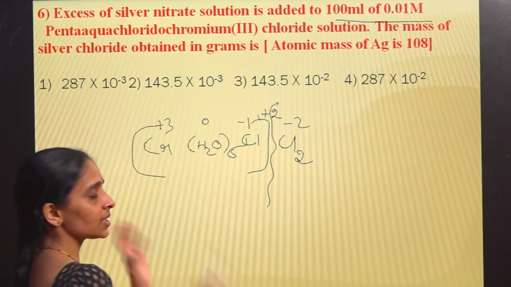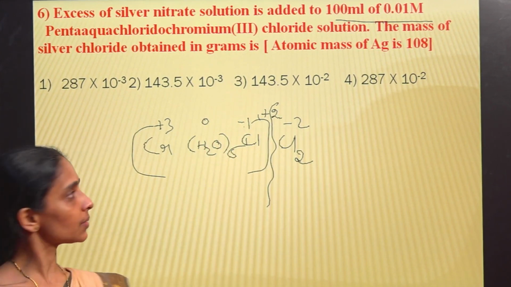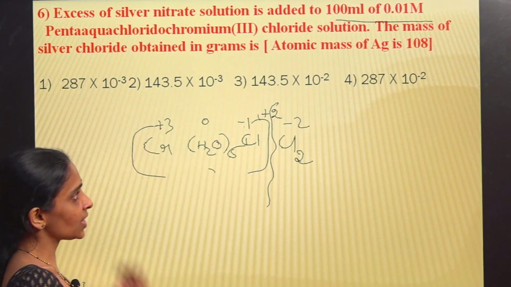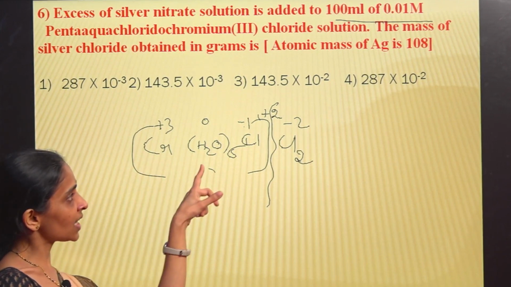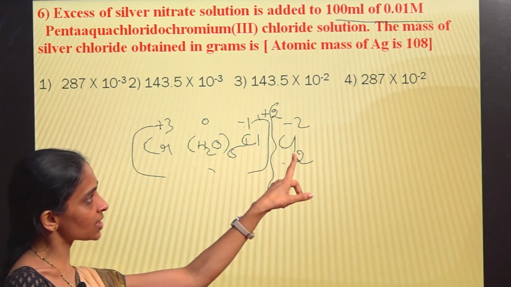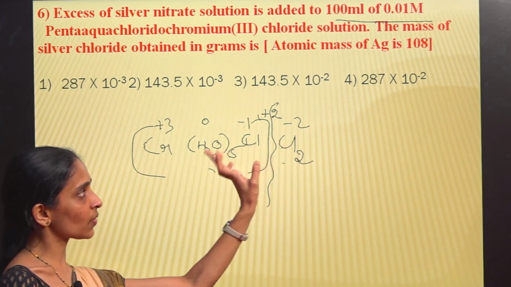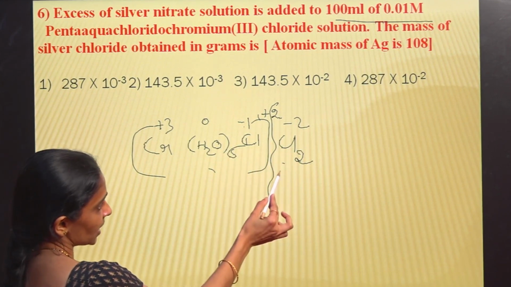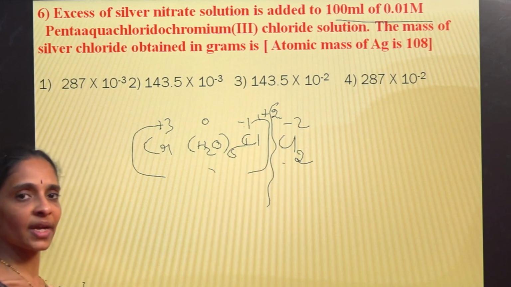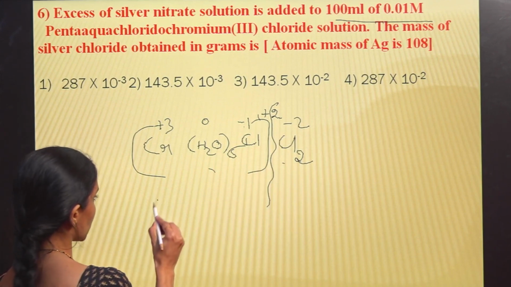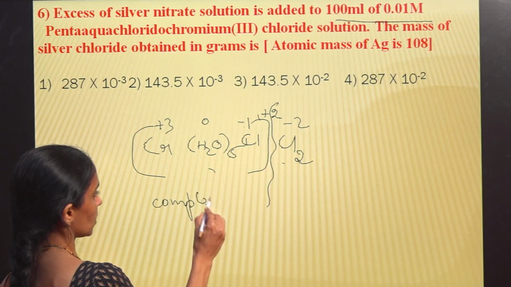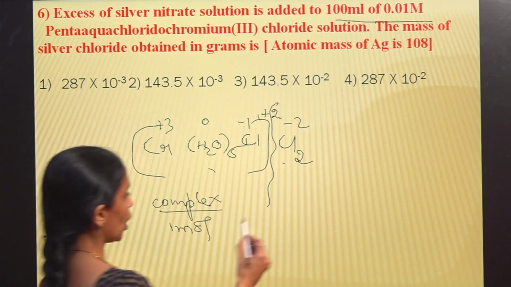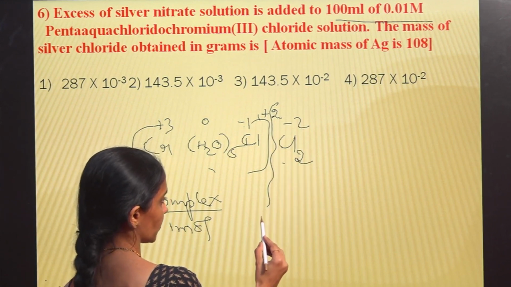And inside, ionization is not possible because there are coordinate bonds within the square bracket. So when the complex ionizes, how many chloride ions do you get? For 1 mole of the complex, you're getting 2 chloride ions.